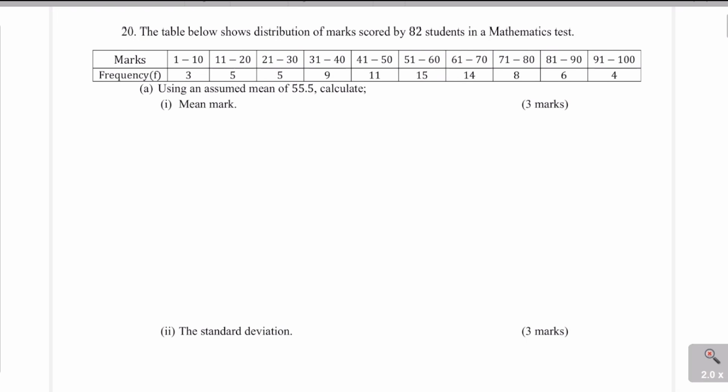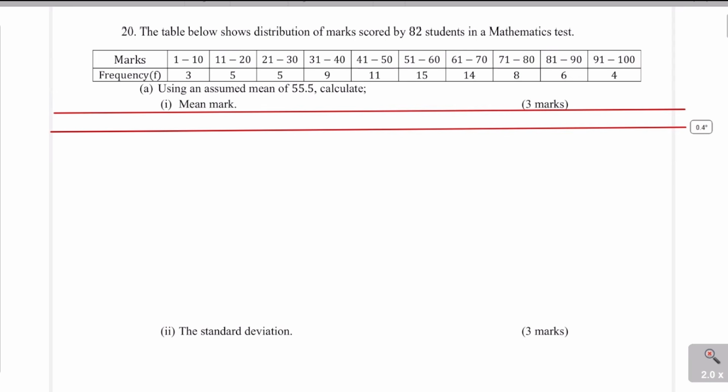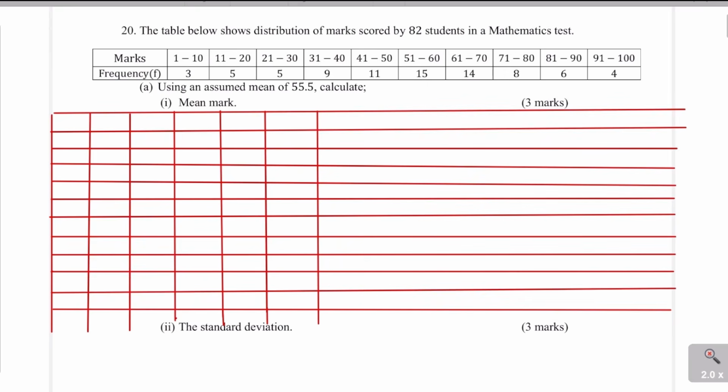And for us to do that, we have to create some columns and rows. I'll do that very fast. Some columns and rows that are going to help us work out this question. So I need like 1, 2, 3, 4, 5, 6, 7, 8, 9, 10. These are the columns that we need. We will need the marks, that is X, in that column.